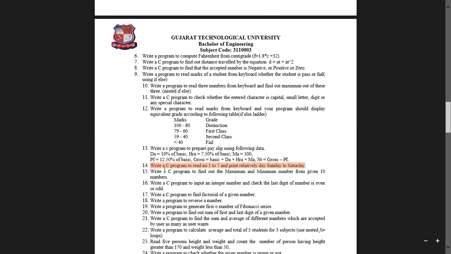So the next program is to write a C program to find out the maximum and minimum of numbers from given 10 numbers.